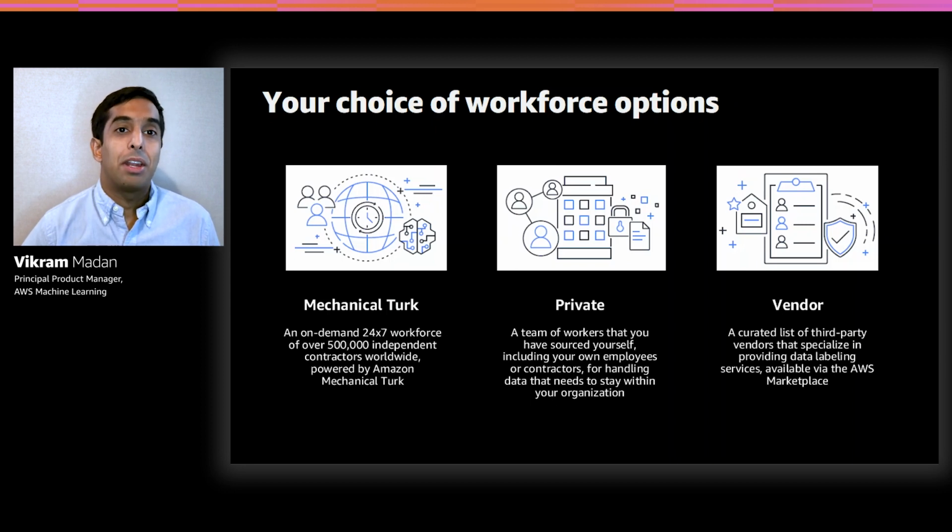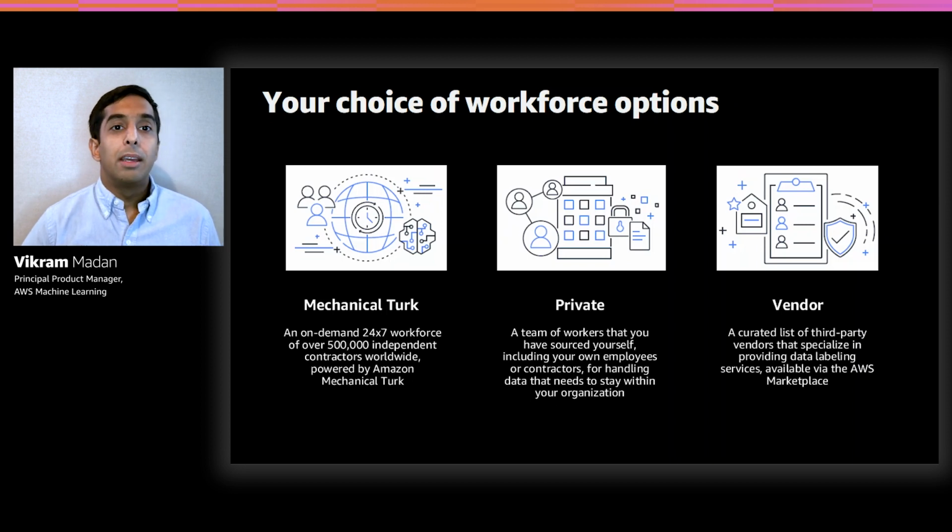In addition, you can use the private workforce option. And this is where you onboard your own workers. And this is particularly useful when you are dealing with sensitive data, or you have a labeling use case that requires specialized skills.